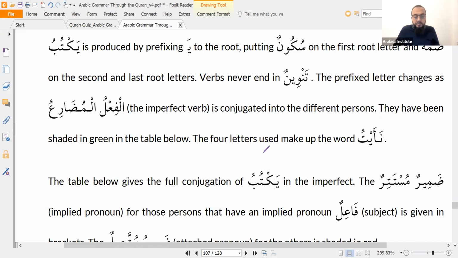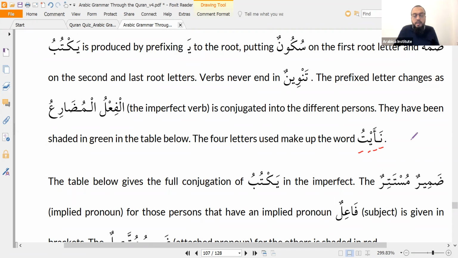To conjugate the imperfect verb, we change the letter at the beginning with either a nun, a hamza, a ya, or a ta. Those four letters make up this word na'aytu, which is actually in the Qur'an: wa na'a bijanibi, and he took shelter near it.